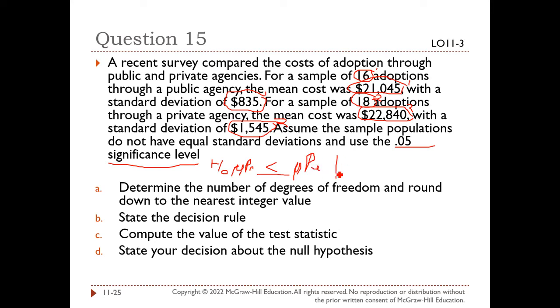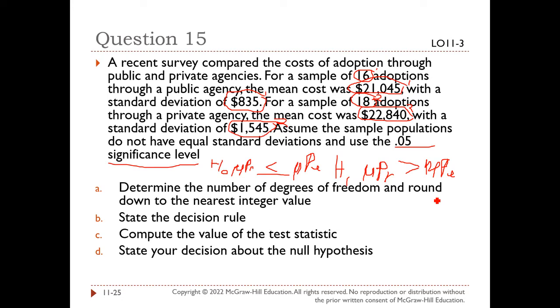Okay, and that means our H1 is going to have mu of private greater than mu of public. Okay, so there's our two hypotheses.